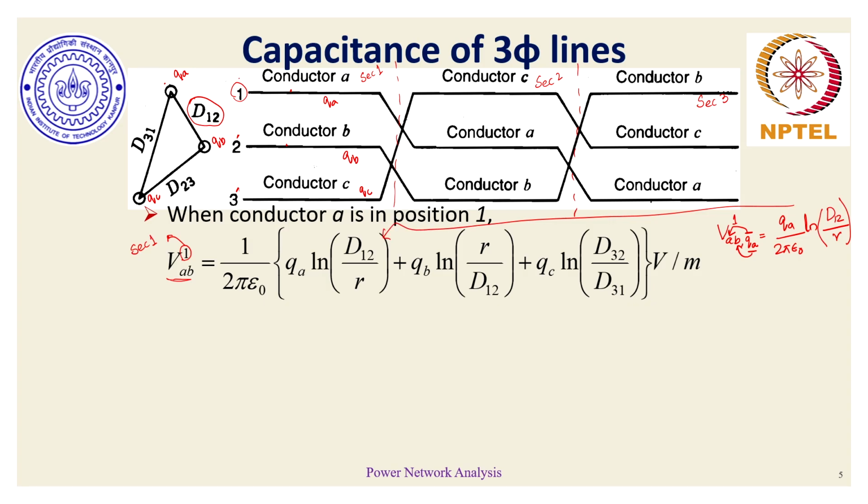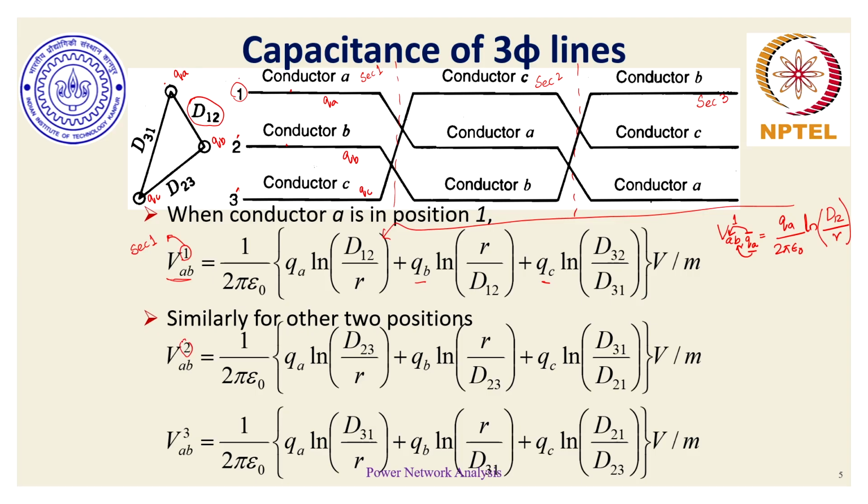On similar lines, we have the potential difference because of charge QB and charge QC only for section number 1. If we extend this for section number 2 and section number 3, then we have similar expressions.